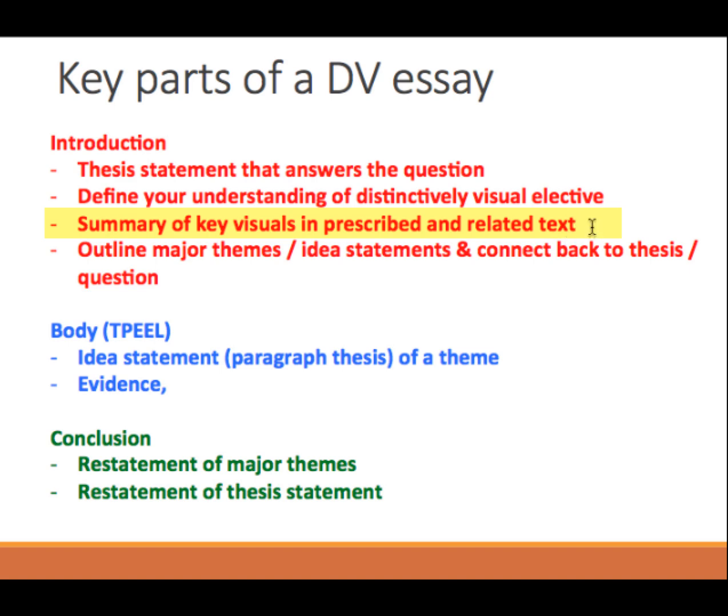And this again can be pre-prepared, but we may have to mold it to the question that we have. And then finally, because there's always going to be a connection to themes or ideas about the themes from the questions we get asked, we're going to outline the major themes and idea statements that we're going to talk about in the essay and then connect them back to the thesis.